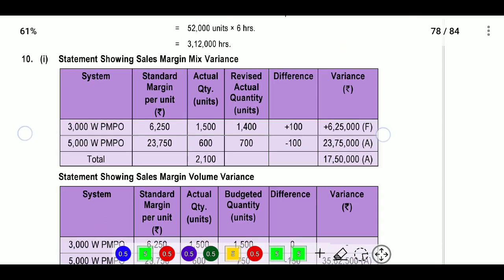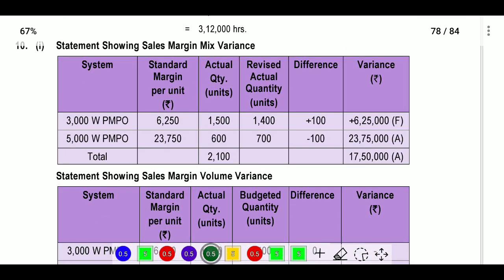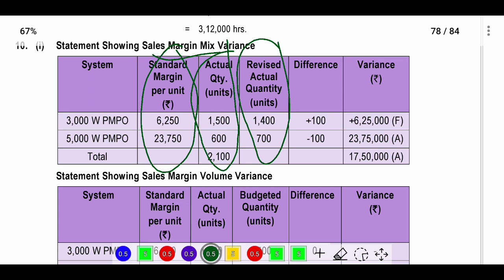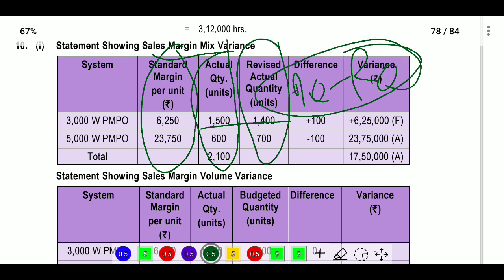Now we require the sales margin mix. We have calculated the standard margin, the actual quantity is given, and we have calculated the revised quantity. Based on that, we take actual quantity minus revised quantity. Why are we taking it in reverse? Because it is related to sales.